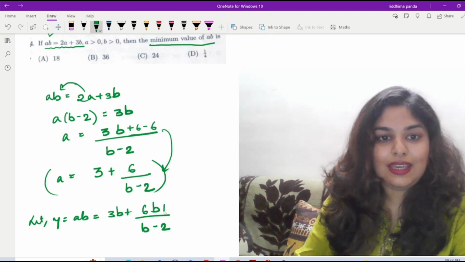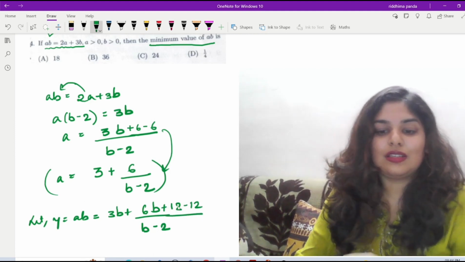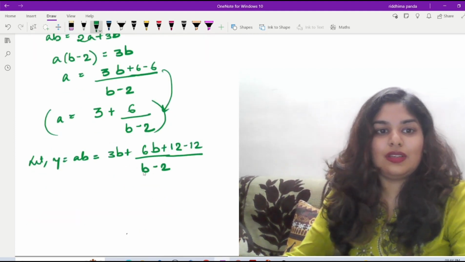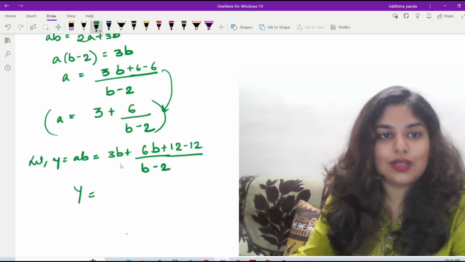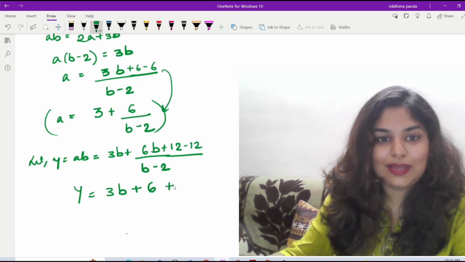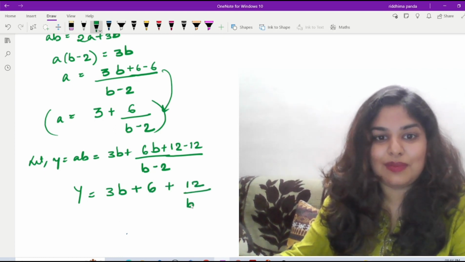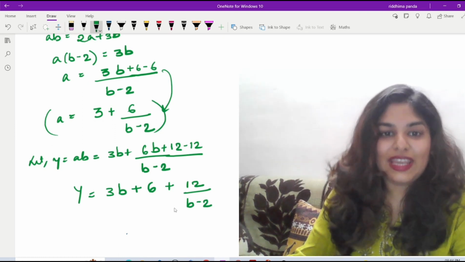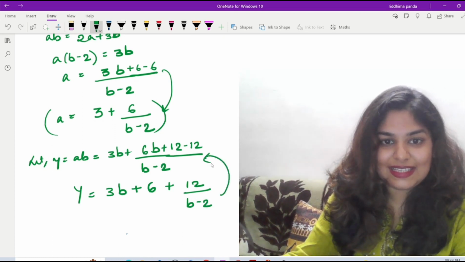Now let's say again add 12 and subtract 12. After this, what can we get here? I can write down y is equal to 3b plus 6 plus 12 by b minus 2. So again, if I take the LCM, I will get this as the answer.